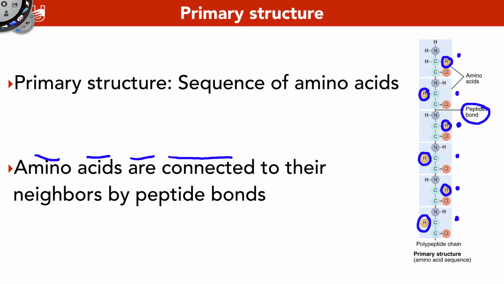And as we will discuss in the next test, this primary structure all goes back to the DNA sequence. The DNA sequence leads to the primary structure of a protein.